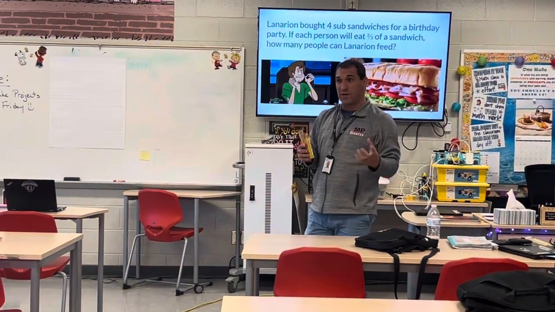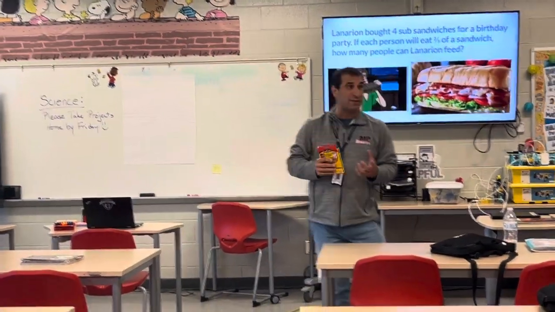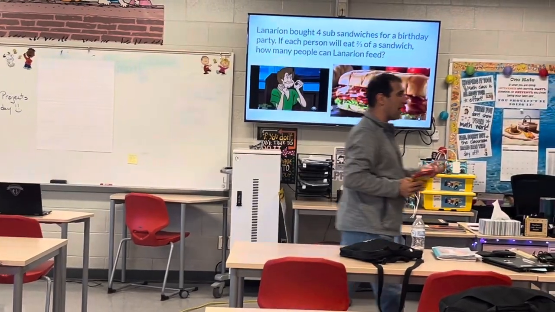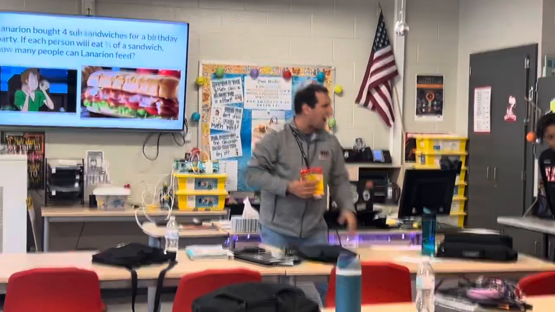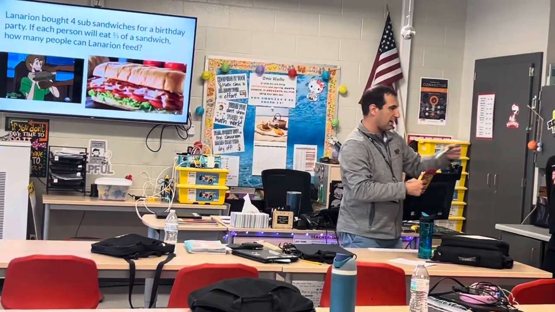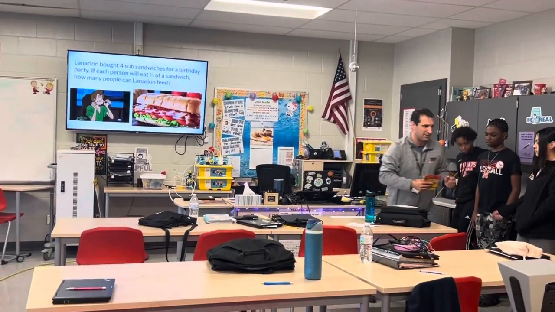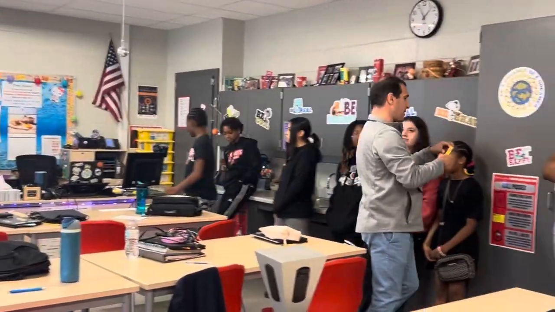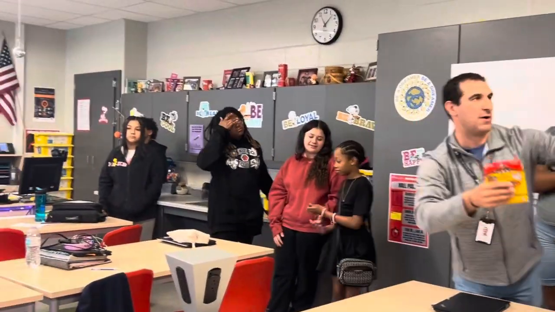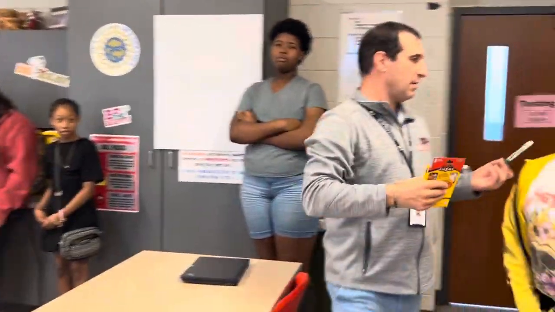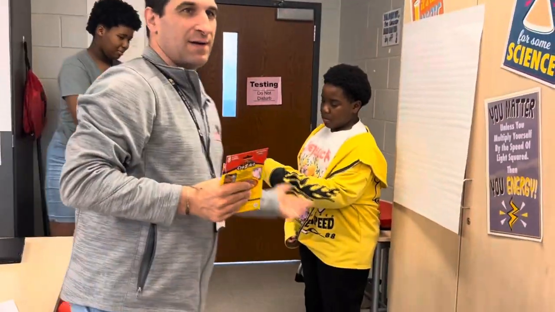Okay, so I'm going to put you in your groups. I want you to first reread the problem together in your group and think about it, all right? So you 3 are going to go right here. I would put your paper on the table. All right, so here you go. Who am I giving the marker to? I'll give it to you. All right, you 3 are going to work right here. Let's have you 3 come on over here. You guys are going to work right here. Come on.